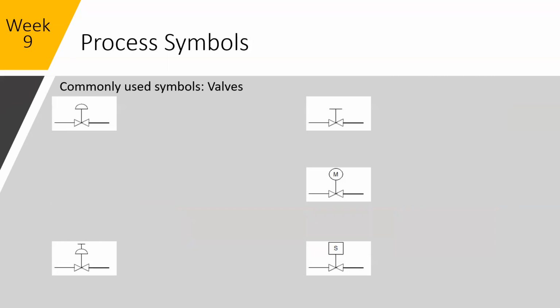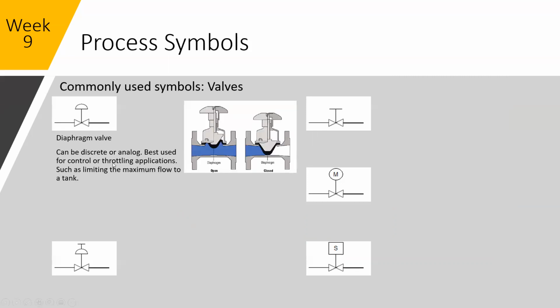So like I said, lots of valves that you'll see all over the place. This is a diaphragm valve. These can be discrete or analog. Again, this is very common for larger size throttling applications.